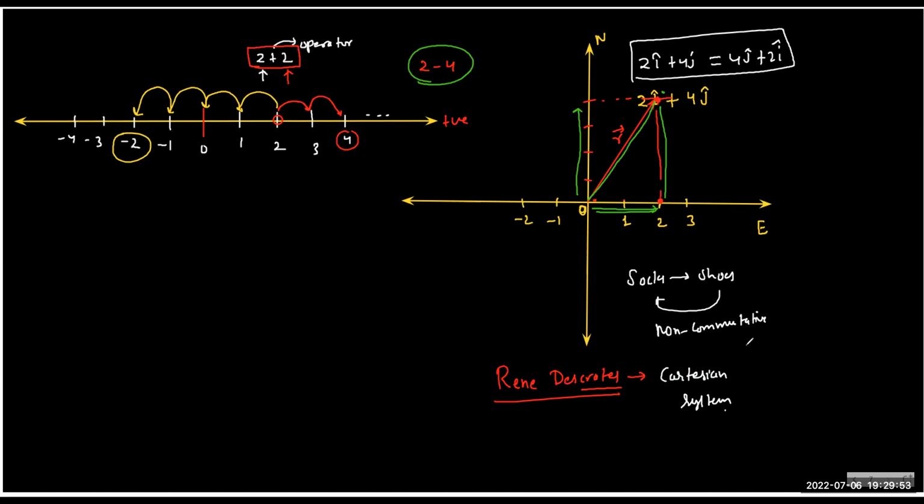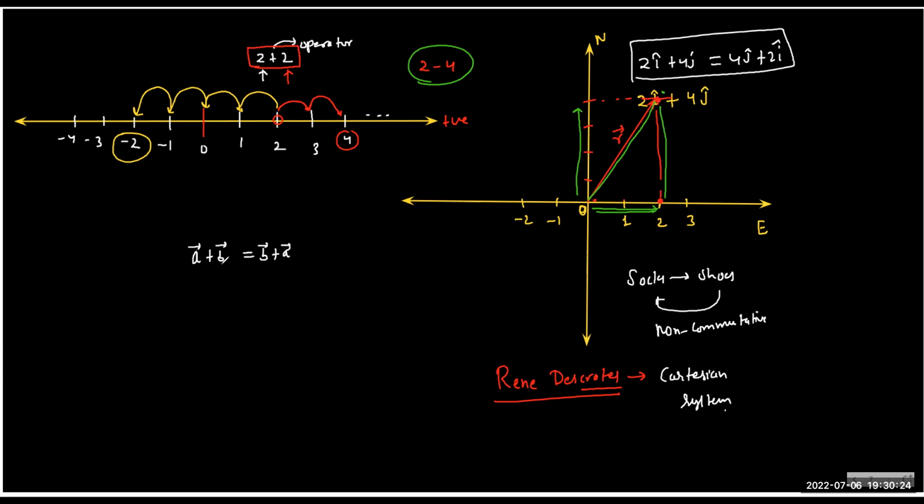Okay, so the whole idea is the order is not important when you're doing vector addition. So in vector addition, the order does not matter. That is why in vectors, writing A and B gives the same answer as writing B and A. And this is one of the most core properties of vector addition.